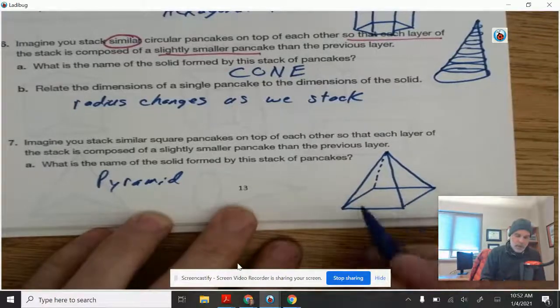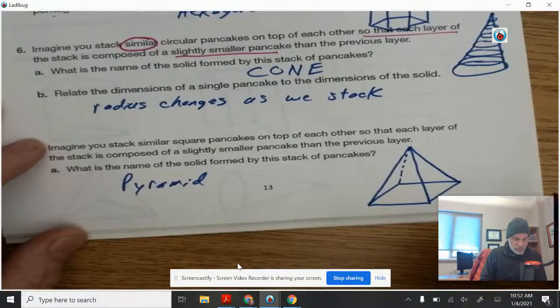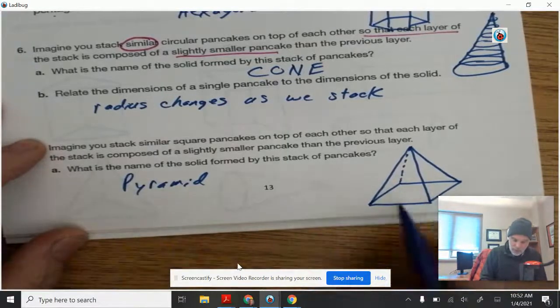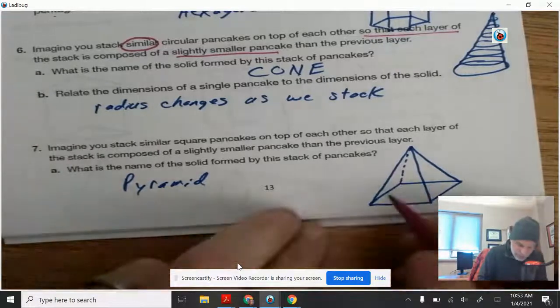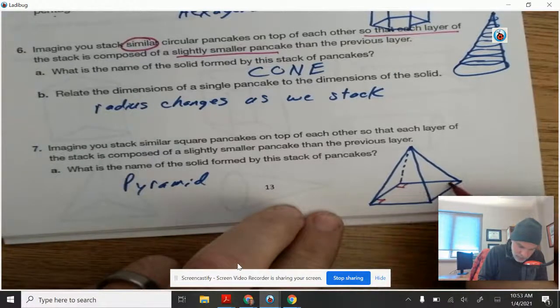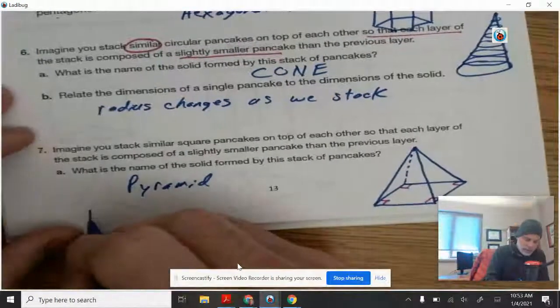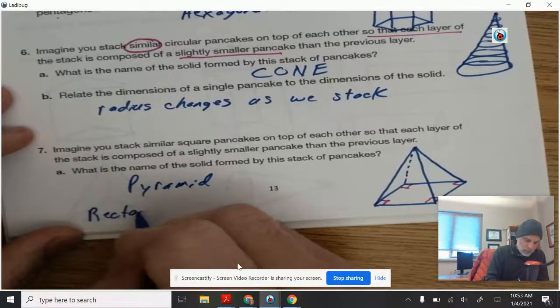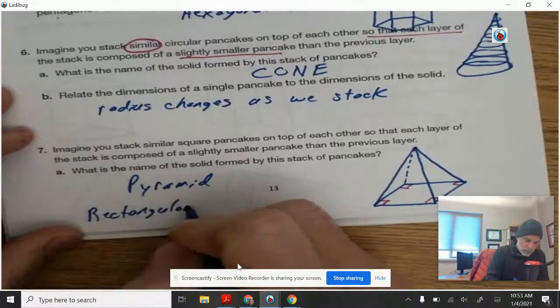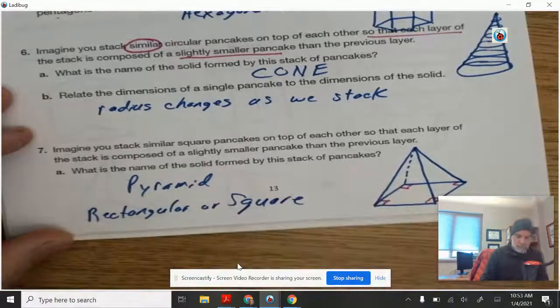And we would still be told this would either be a rectangular prism or pyramid. I'm sorry, a rectangular pyramid. Like if this down here was a rectangle, you would have to see that those were all right angles down there. Or a square pyramid. Rectangular or square depends on the problem.